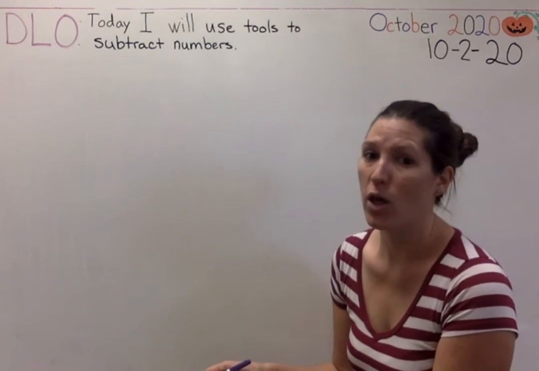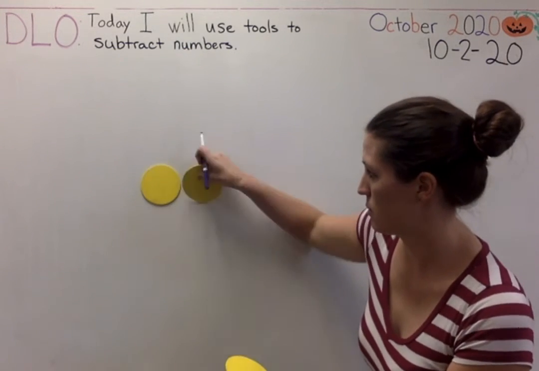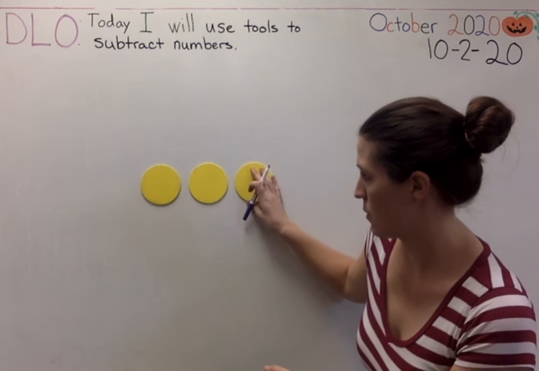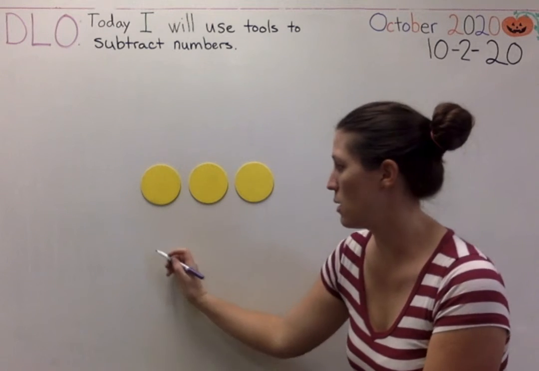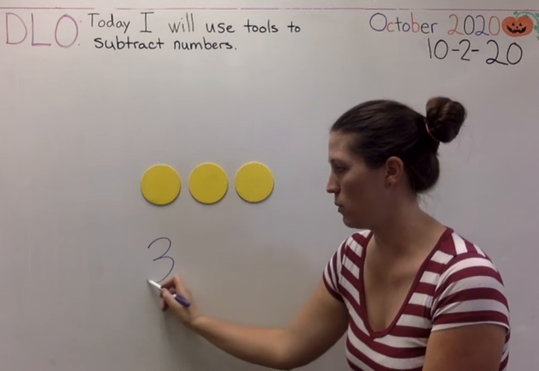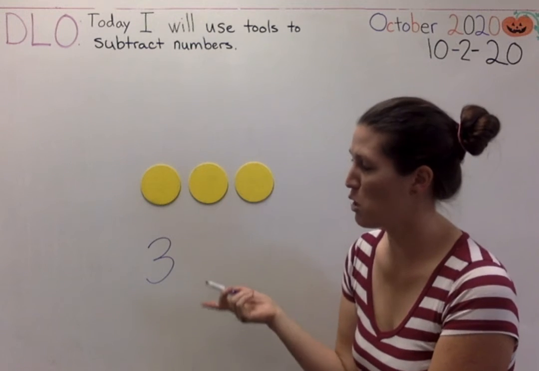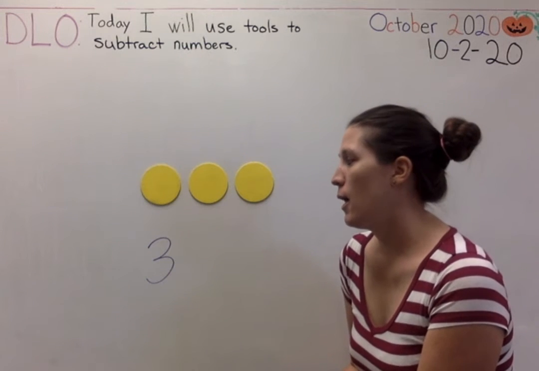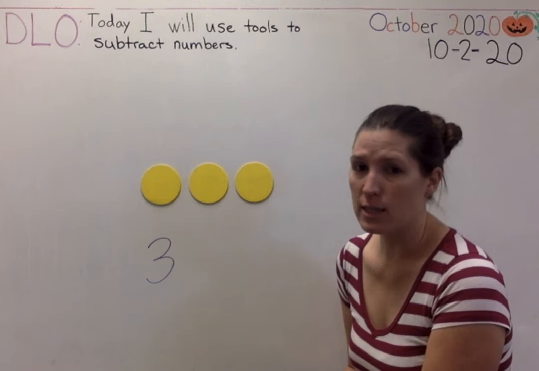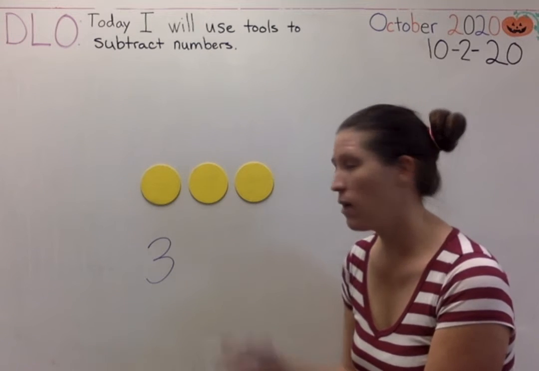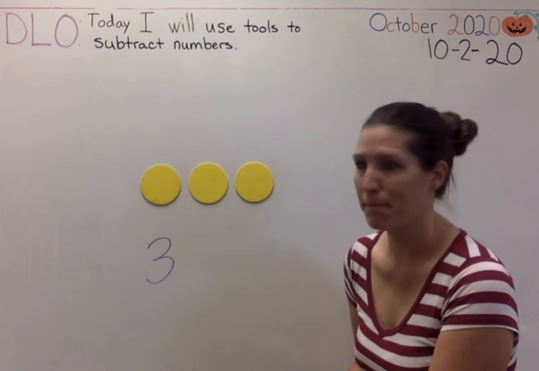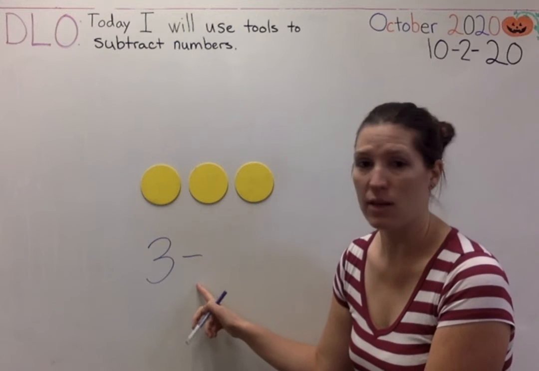I have 3 chips. How many chips do I have? 3. Around the tree, around the tree. That's the way you make a 3. I decided not to give any to my friend, so I have all my chips here. Did I give any away?